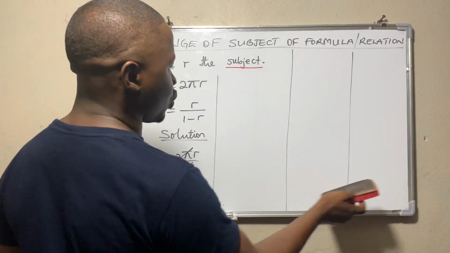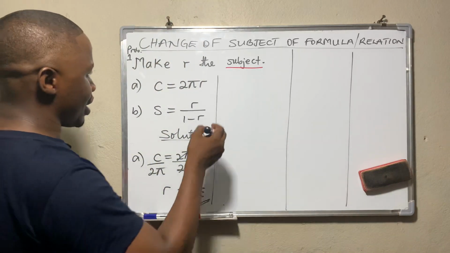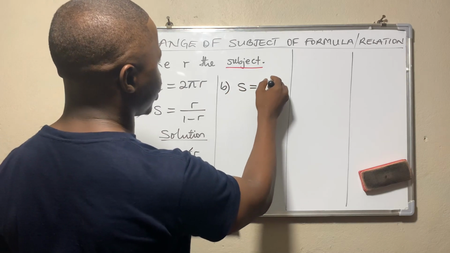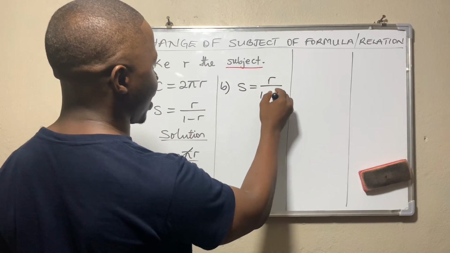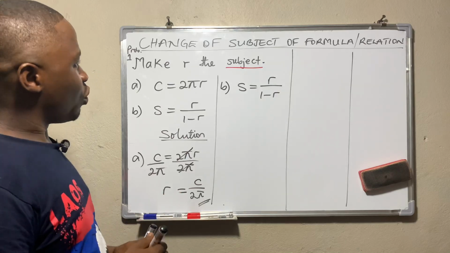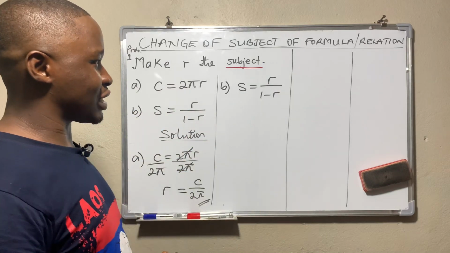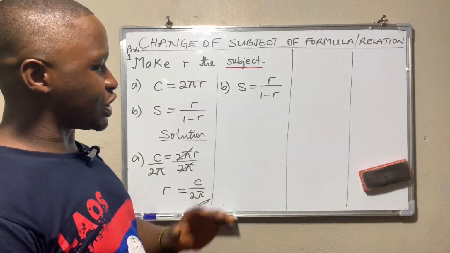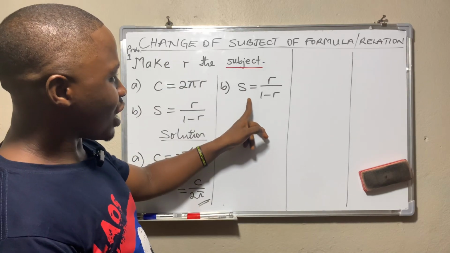Now, we go to the second problem here, B. We have S is equal to R divided by 1 minus r. We want to make r the subject. Ask yourself first, what is currently the subject of this formula? The subject of this formula is not r.